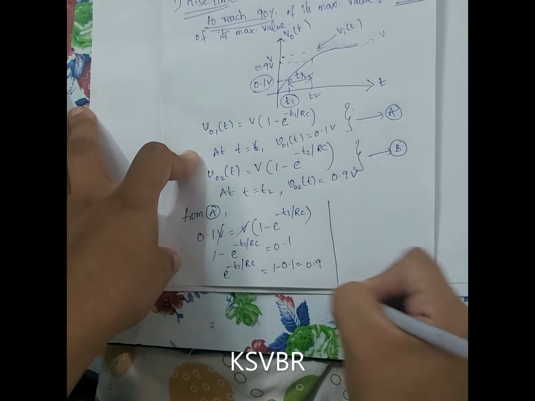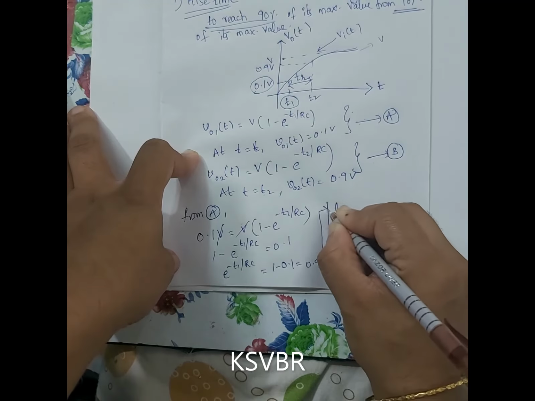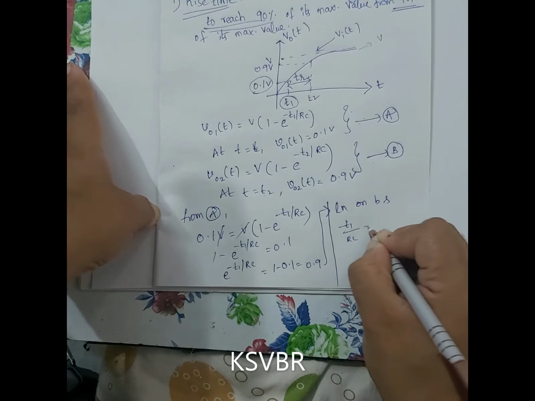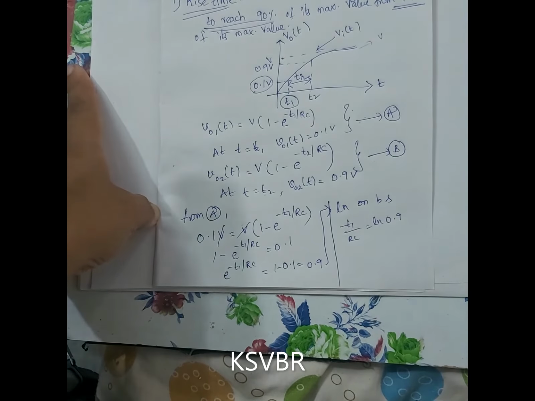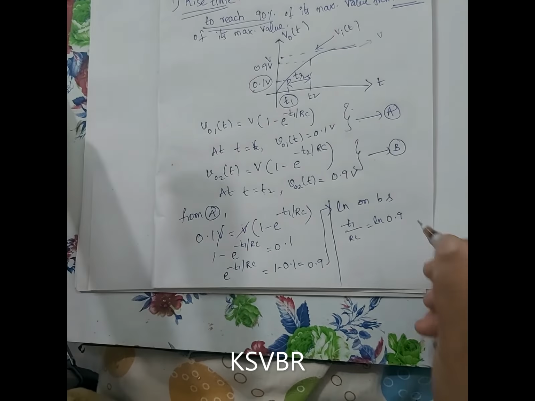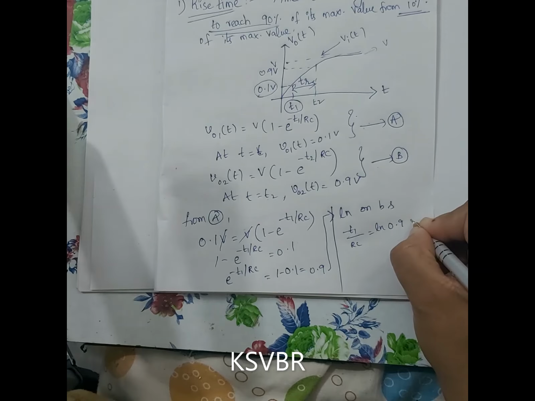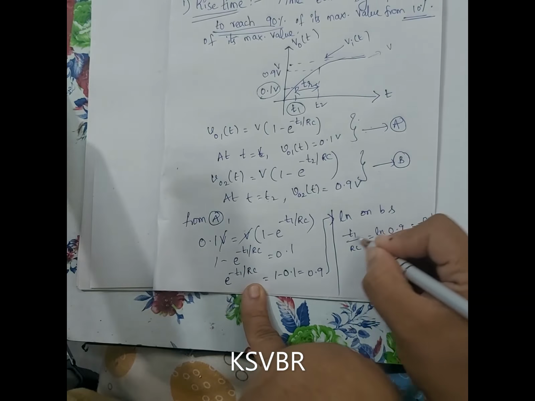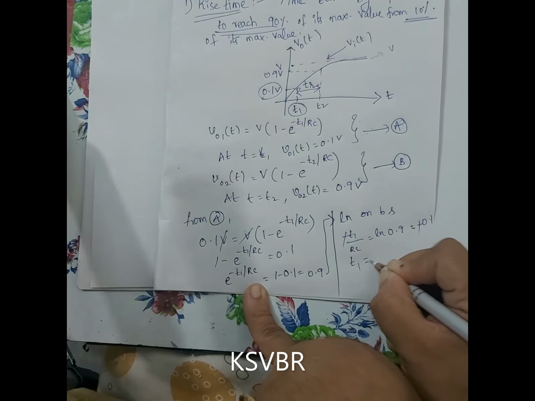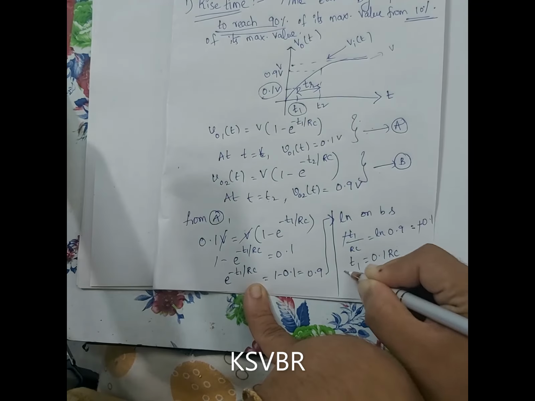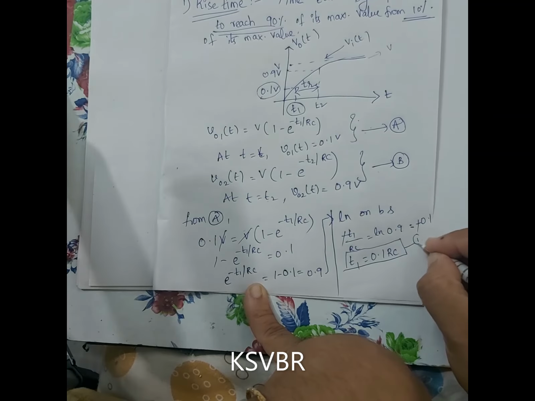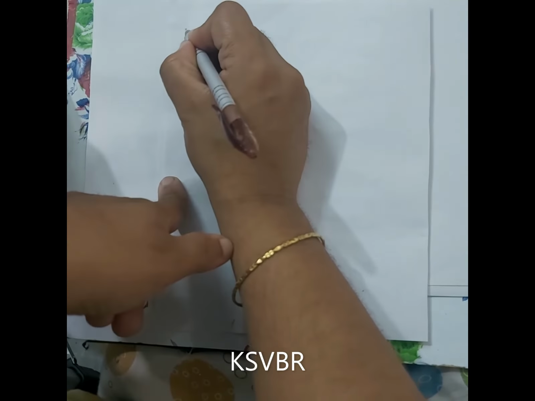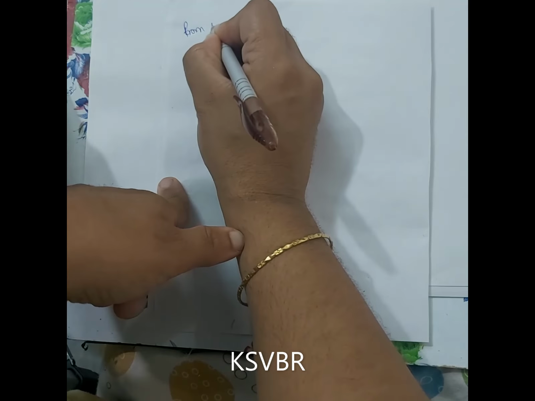Next, what will we do? Take ln on both sides. Minus t1 by RC is equal to ln of 0.9. ln of 0.9 is minus 0.1. So this minus will get cancelled. T1 is equal to 0.1 RC. Equation 1.